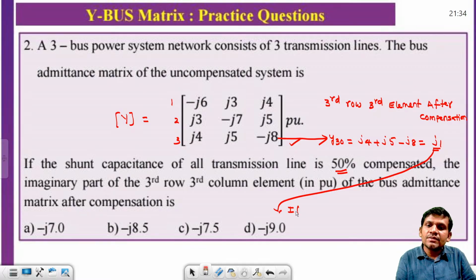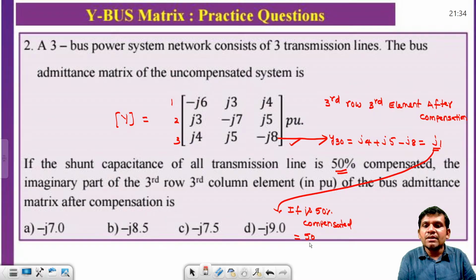If it is 50% compensated, then 50 by 100 into J1. This is how much you can get? J0.5. Now, you have to find the third row, third column element.